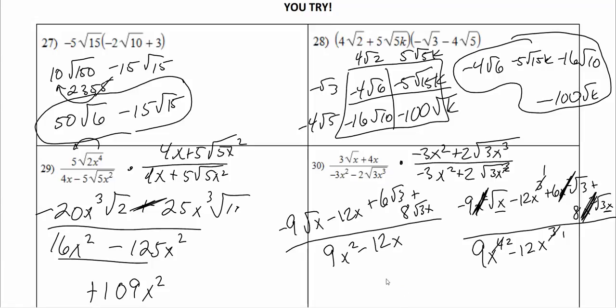Now you can do some other simplifying too. You can pull an x out of there and a 3, but I wouldn't worry about that because I can't simplify my numbers: 9, 9, 12, 6, 8, and 12. I can't simplify those, so then you're technically done. All right, so this is your answer. You can write it in any order up top or the bottom, it doesn't matter, but that is your answer. Okay, that concludes this video.